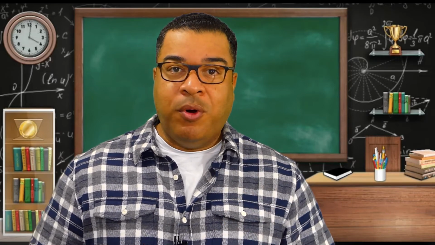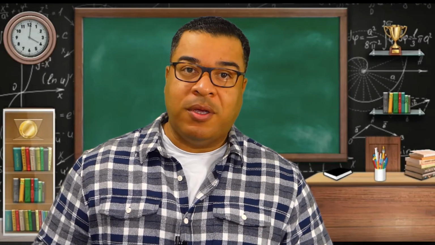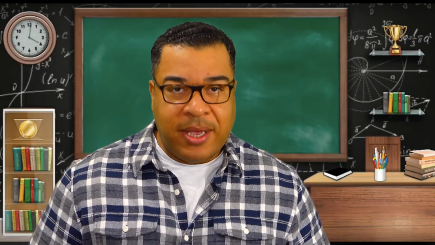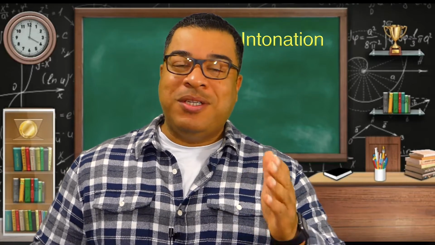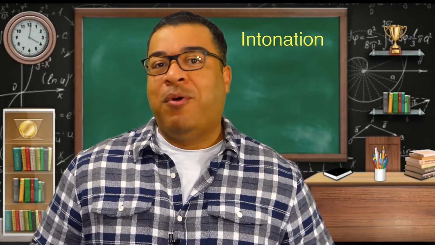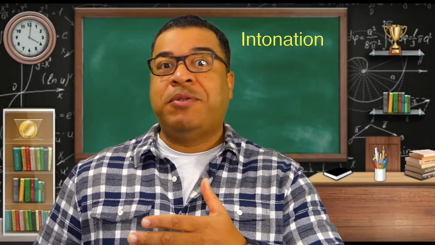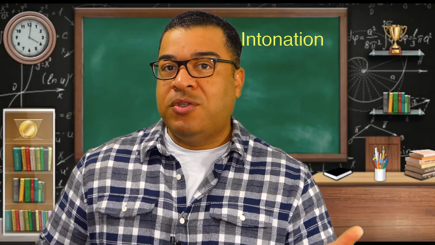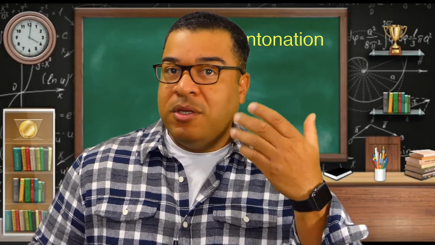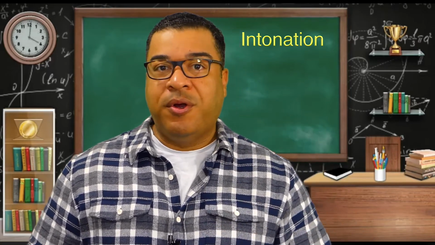There's one very important thing to remember about tag questions: intonation. Intonation is very important in English and perhaps most languages in the world. Intonation really changes the way the listener feels about your statement or your question.